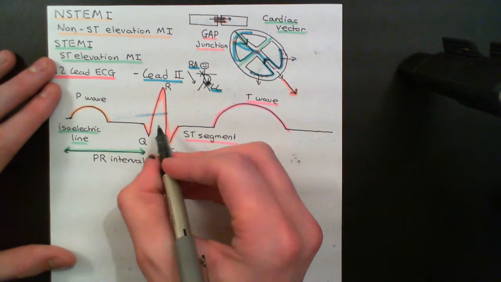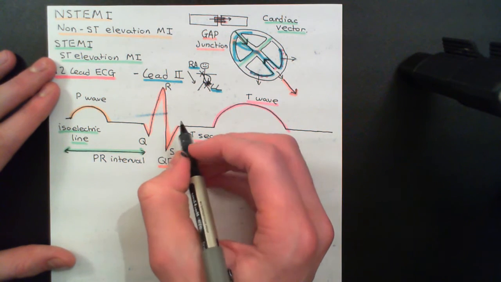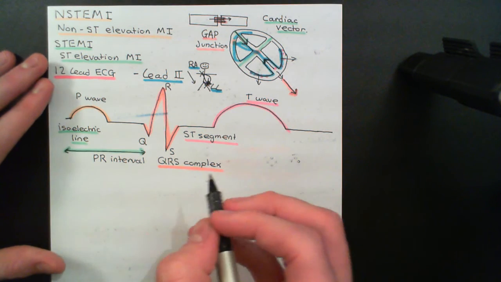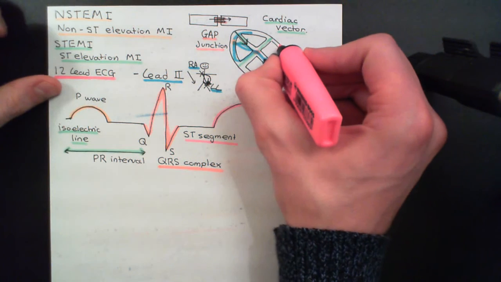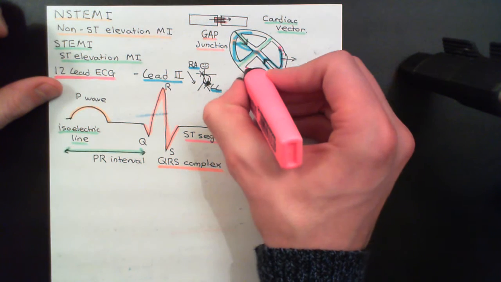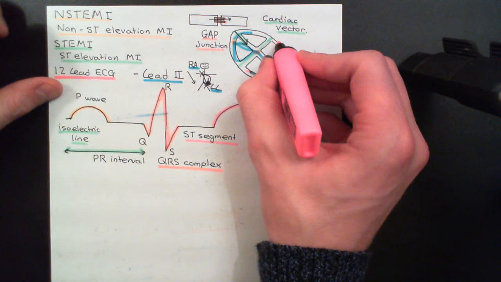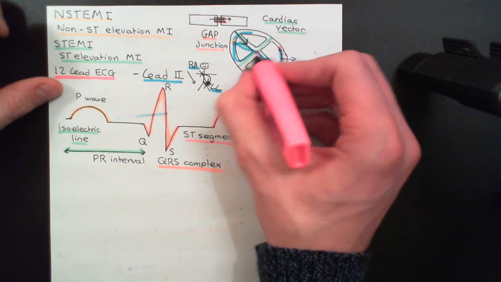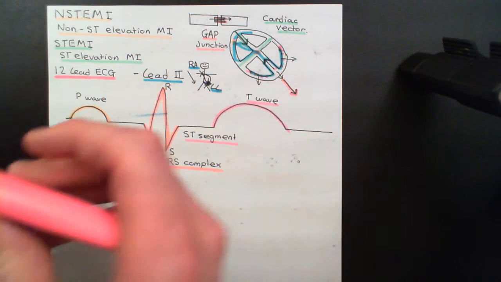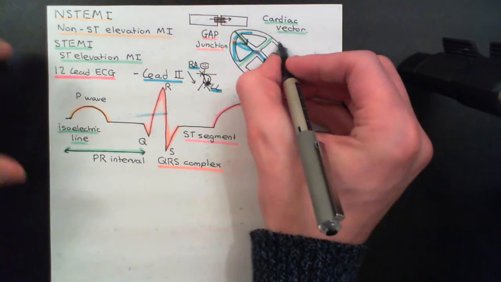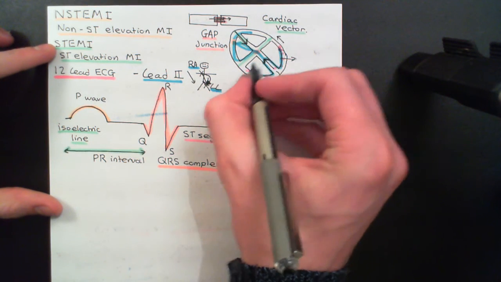Okay, then the final bit, the S wave here of the QRS complex, that's the final portion of ventricular muscle to depolarize. That's caused by the Purkinje fibers releasing the electrical signal up to these posterior portions of the ventricular wall. Okay, so this portion up here and this portion up here. And then again, it's going to propagate backwards in this direction.